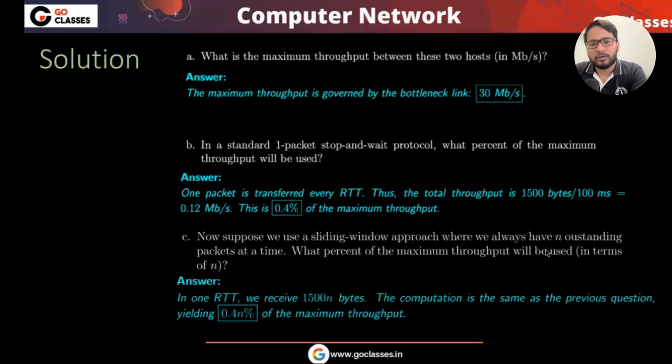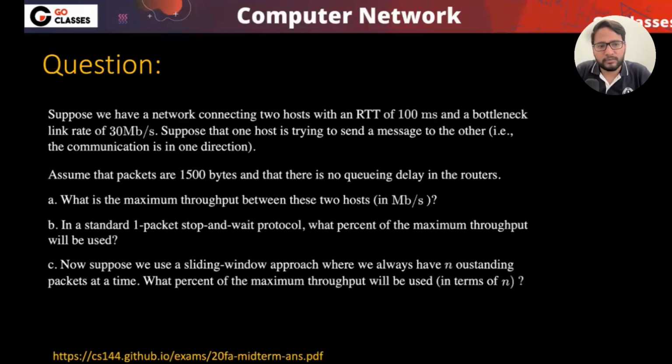Now let's just solve this question. This question is also an easy one. What they're saying: suppose we have a network connecting two hosts with RTT of 100 milliseconds, which means RTT is given to you as 100 milliseconds, and a bottleneck link rate of 30 megabits per second.